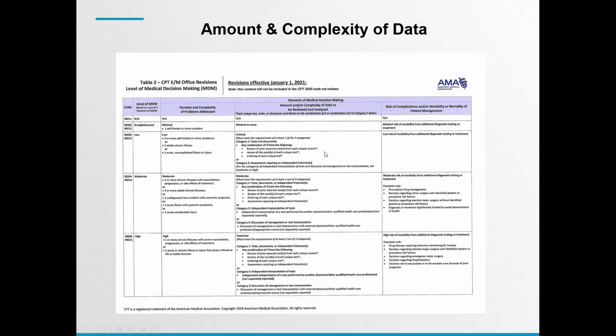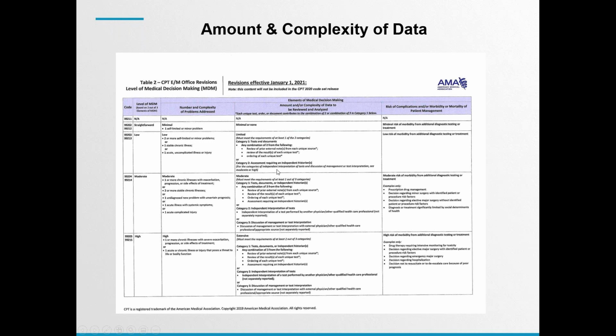So maybe we're looking at hospital records, or the patient comes with their chart from a previous provider. So these are some sort of external notes, or the review of the results of each unique test, again, meaning it's defined by each CPT code, or the ordering of each unique test. But we need 2 points out of this to meet the criteria for Category 1.